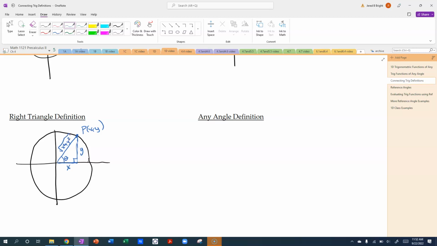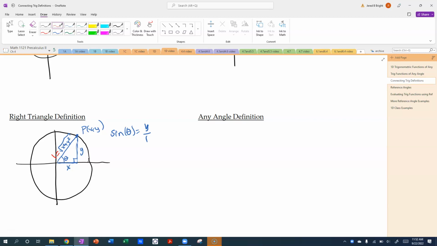And then we said, well, previously, we talked about sine of theta, for instance, as y over 1, right? But now, in terms of our context, 1 isn't necessarily 1 anymore, but it's the square root of x squared plus y squared. We are on the unit circle, so in actuality, this hypotenuse would end up being 1.